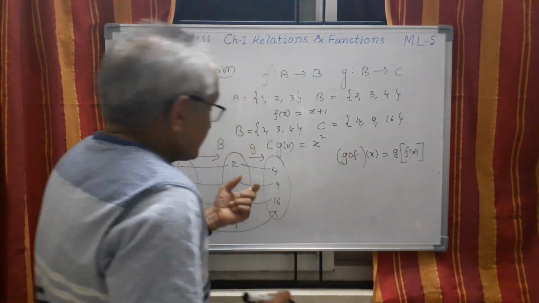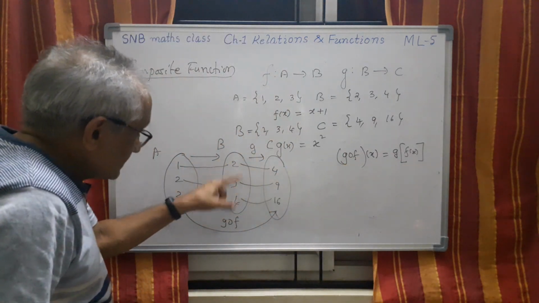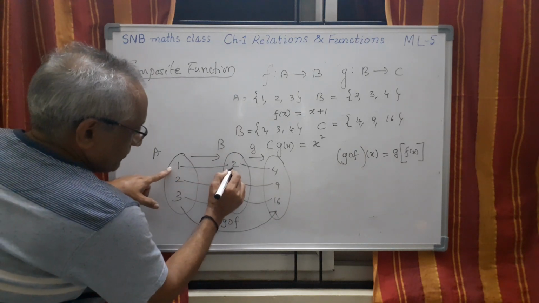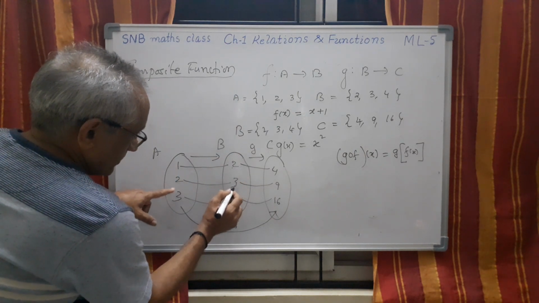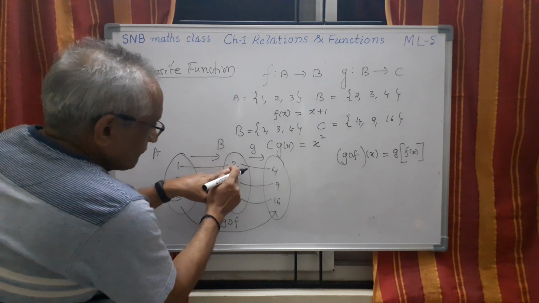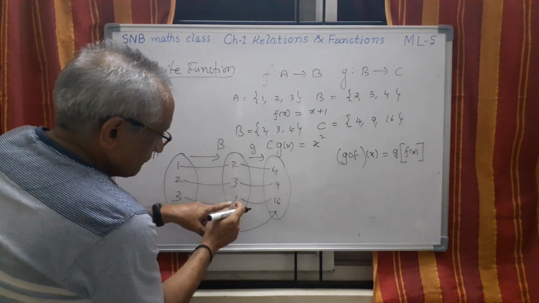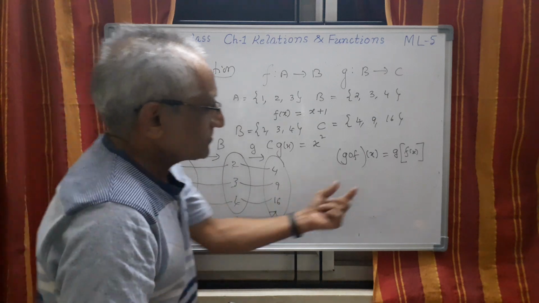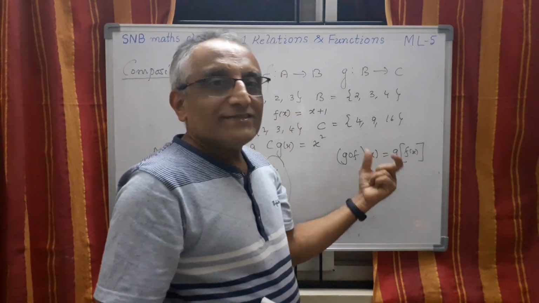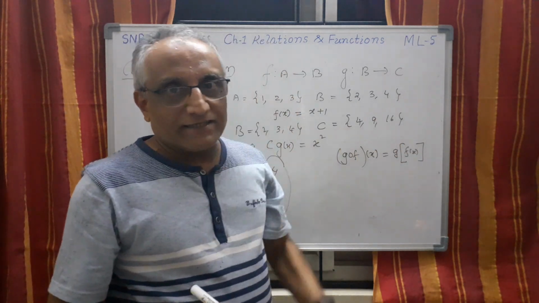In turn, g takes this f, because this itself is f of 1, this is f of 2, this is f of 3. This f of 1 is going to 4, f of 2 is going to 9, f of 3 is going to 16. So this is called composite function.